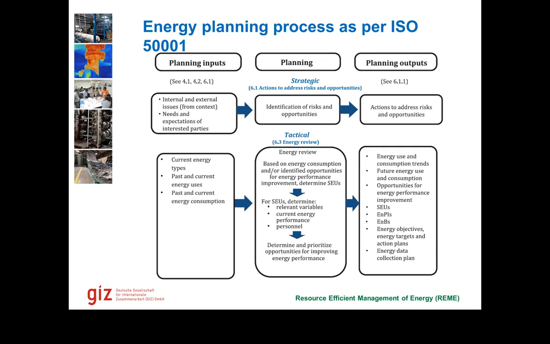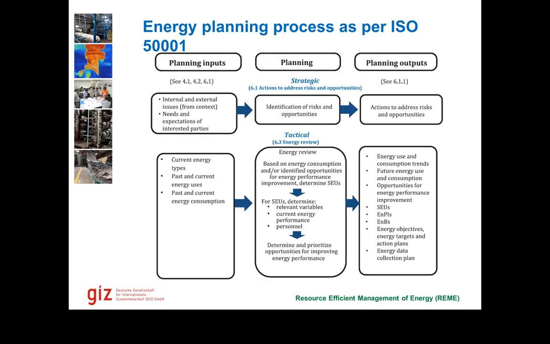opportunities for improving performance. As an output, we get an action plan of improvement, consumption trends, what kind of possible energy use we can have in future, significant energy uses, their energy performance indicators, energy baselines, objectives, targets, and also data collection plan.